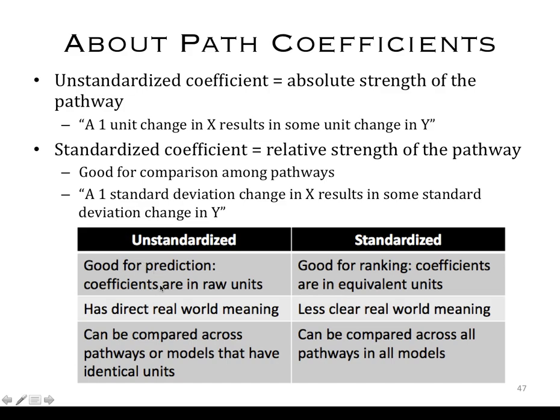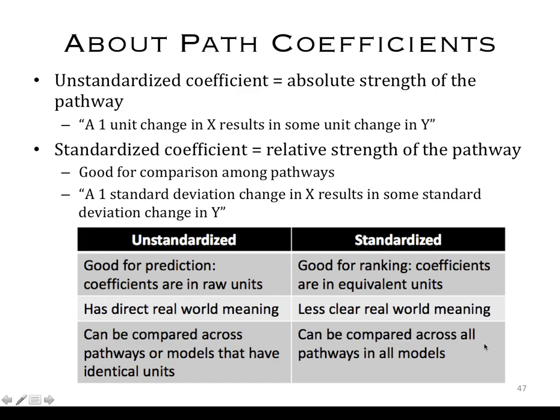So in general, unstandardized is good for prediction. The coefficients are in the raw units of y. They have real direct meaning, real world meaning, and they can be compared across pathways or across models that have the same units. Standardized, on the other hand, is good for ranking, looking at the importance of the various arrows in your model, but they have a lot less clear real world meaning.